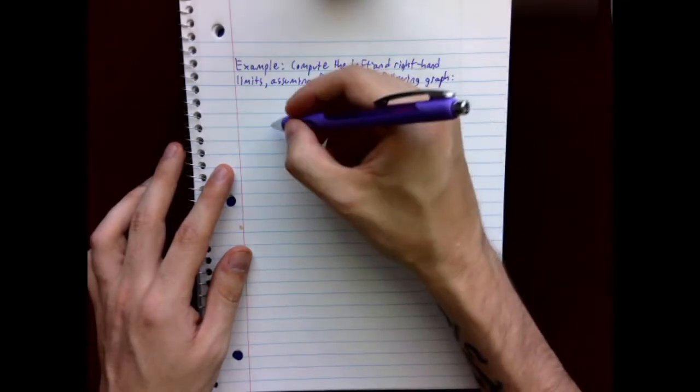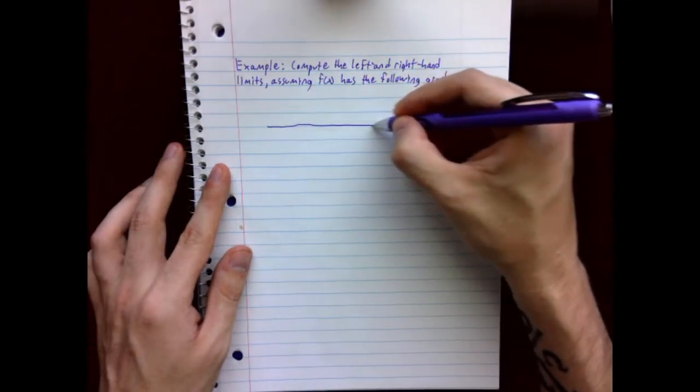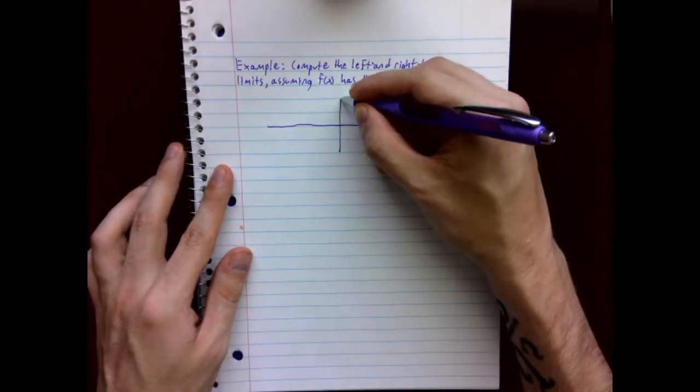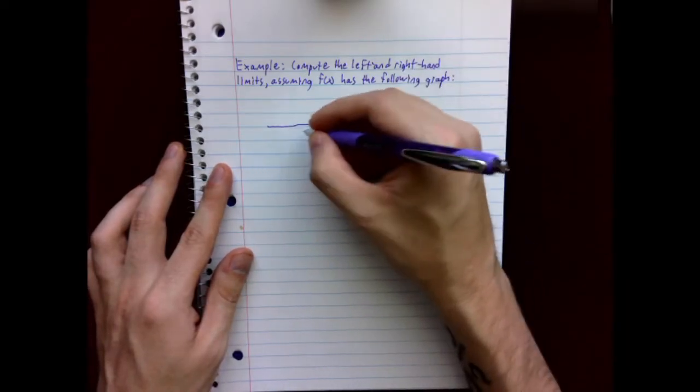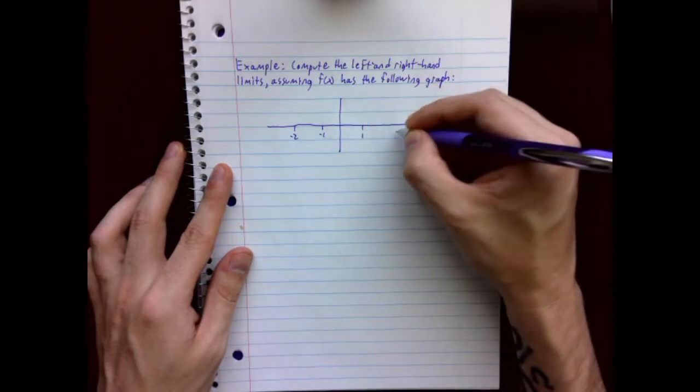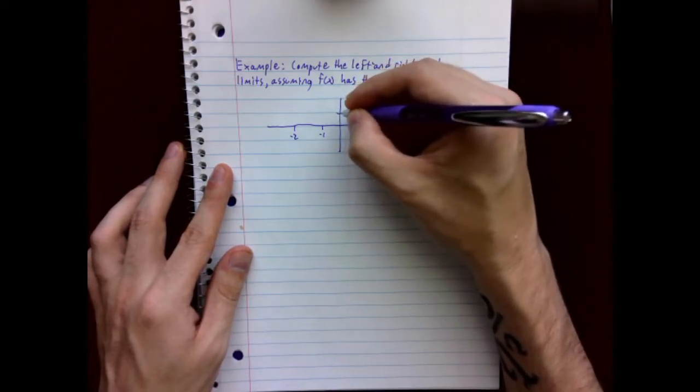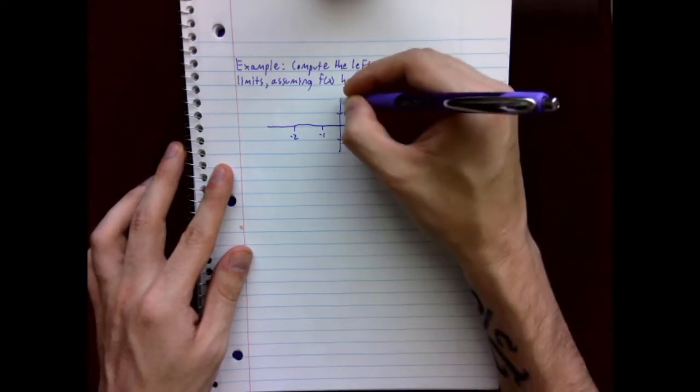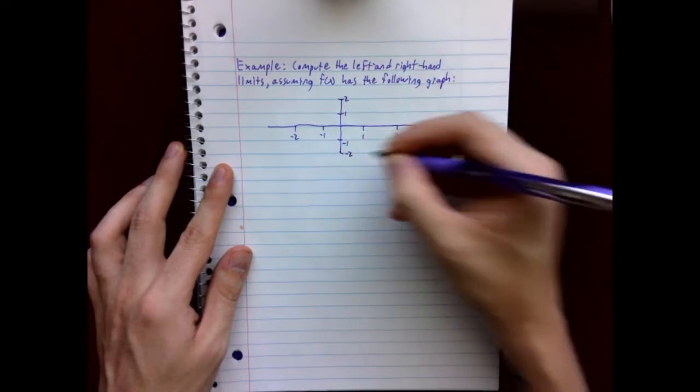And the picture for f of x we'll do is something like this, where maybe I'm at -1, -2, 1, 2, something like this.